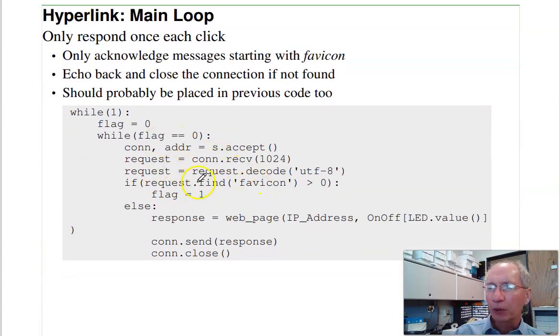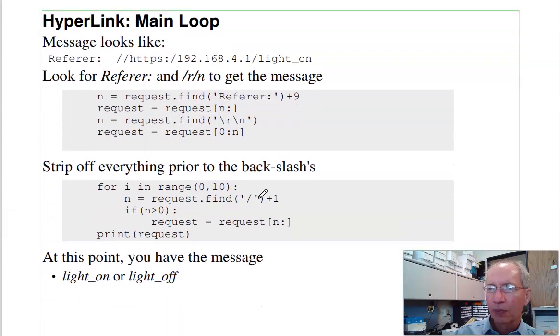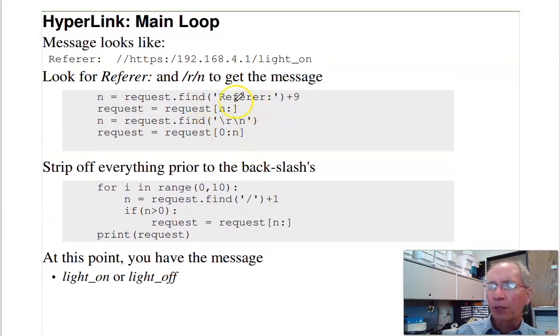Then in the main loop, it can only respond to the FAV icon pages. I'll look for the symbol refer, +9 to get rid of all that other stuff, and look for the keyword to turn line feed.